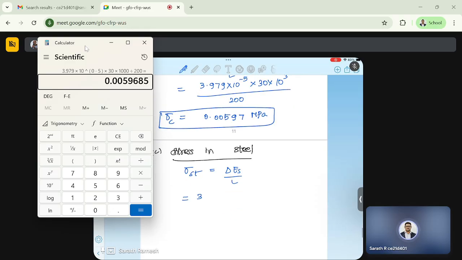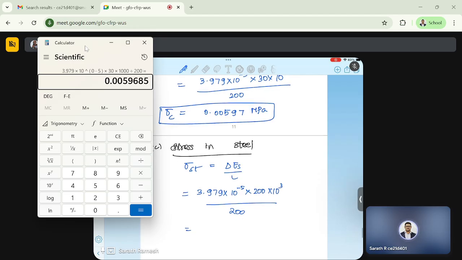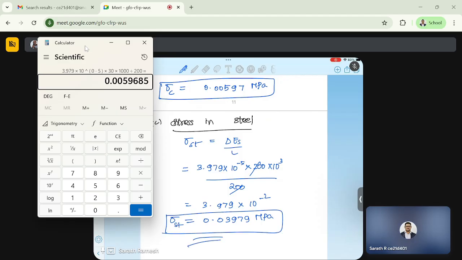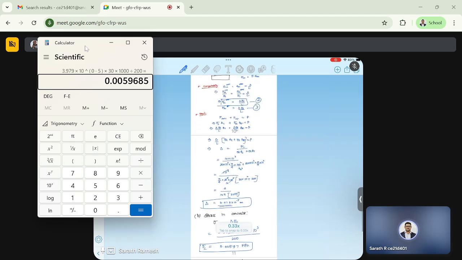This will be higher: 3.979 into 10 power minus 5 into 200 into 10 power 3 by 200, because the Young's modulus of steel is higher, so it is taking a little more stress. So 3.979 into 10 power minus 2, which is 0.03979 megapascal. Okay, that's it. This finishes this particular question.